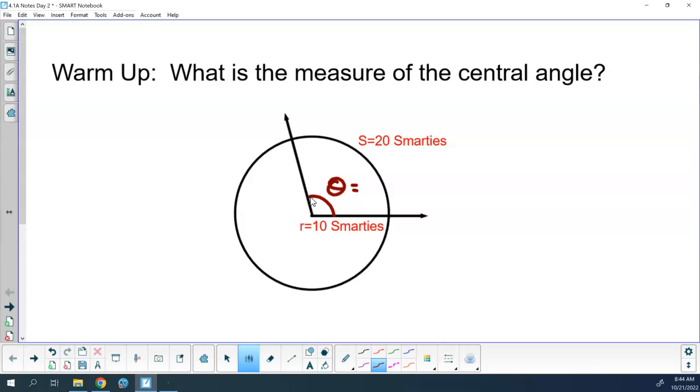Do we agree with 114.59? It should be a nice, easy number. But I think what you did is you converted it into degrees. Oh, it should just be 2. To what? 2 radians.